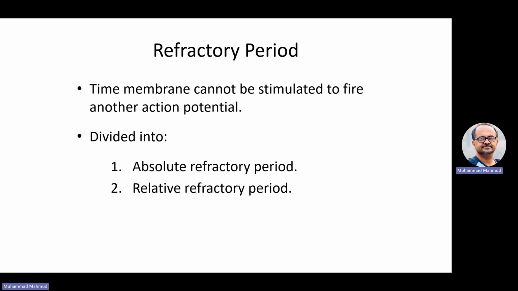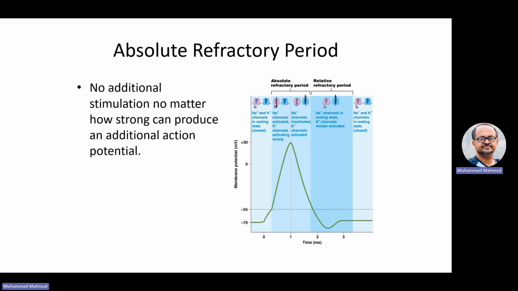There are two types of refractory period, absolute and relative. You see this picture on the right side first. We know the resting membrane potential is -70. Then we have this local potential, which brings it to -50, then depolarization, followed by repolarization and hyperpolarization.